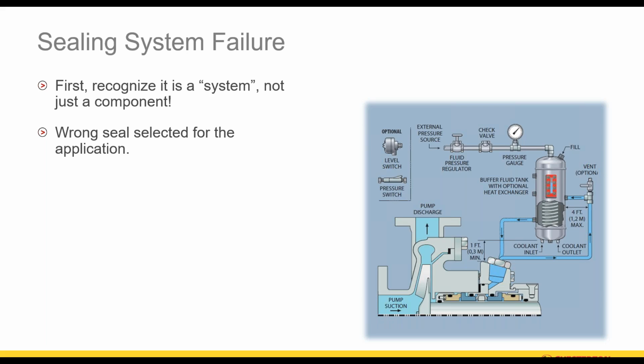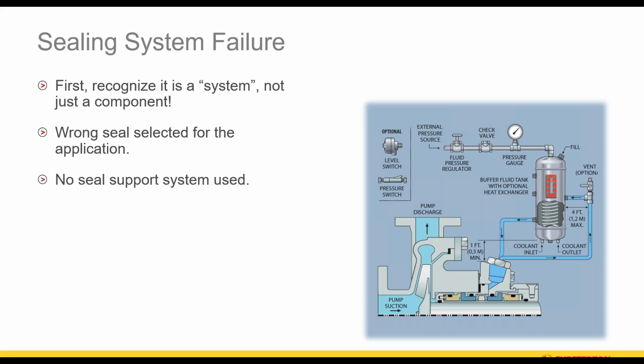I've seen many application failures because the customer didn't want to spend the money on the right seal for the application, or the seal supplier didn't want to sell the right seal for the application. And so that's one of the first questions to ask when you see a seal leaking. Is it the right seal for the application?